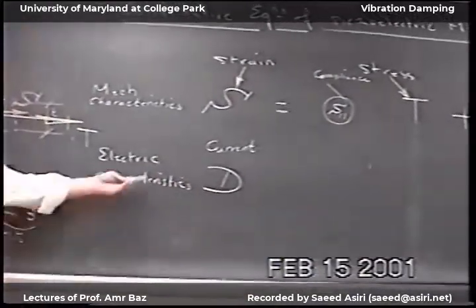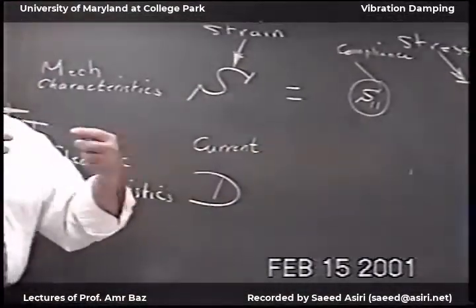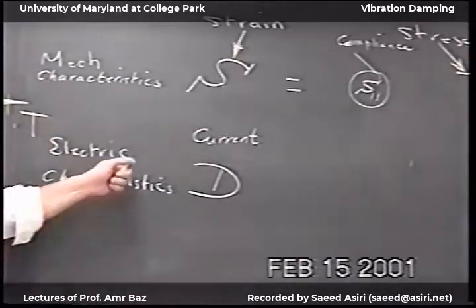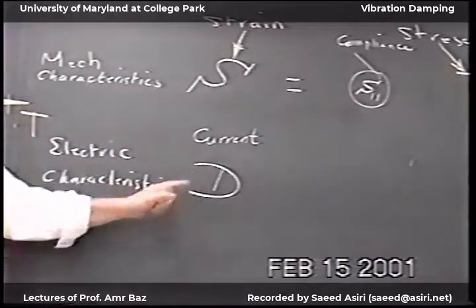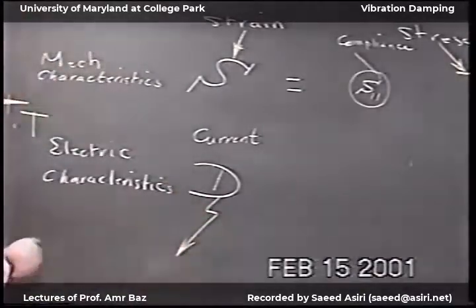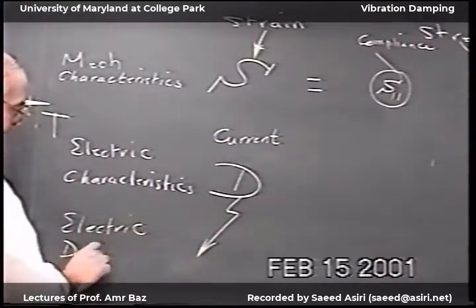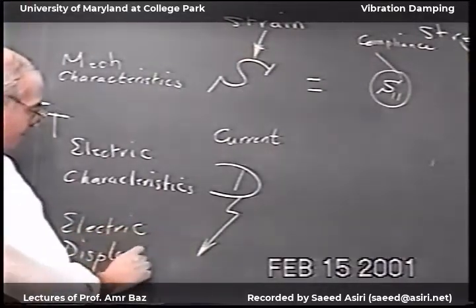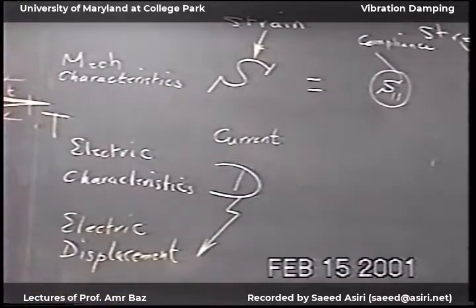So I can say the current is related to the voltage by the resistance of the material. If I put it in units of charge, this D is called electric displacement, and it is charge per unit area.